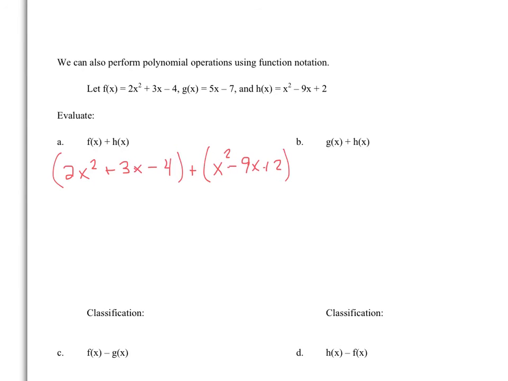So 2x squared plus x squared is 3x squared. 3x plus a negative 9x is negative 6x. And negative 4 plus 2 is negative 2. So this is a quadratic trinomial.